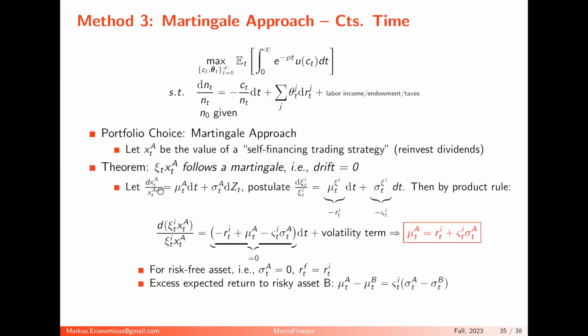That's how this thing evolves. It's a geometric drift and a geometric volatility. And I postulate that my SDF has to live in the same probability space, so I have a certain drift and a certain volatility. Oops, this should be a dZ.